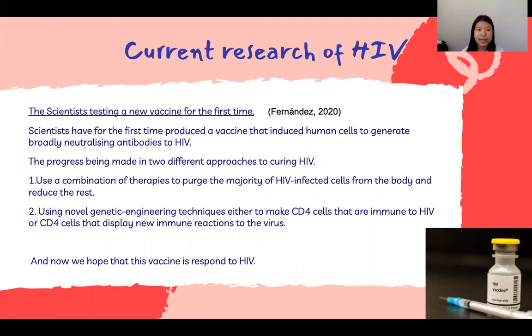The second one is a genetic engineering technique. It will make CD4 cells that are immune to HIV, or CD4 cells that display a new immune reaction to HIV. So it's like a new reaction that the HIV virus has never seen before, and it will be shocked by it.